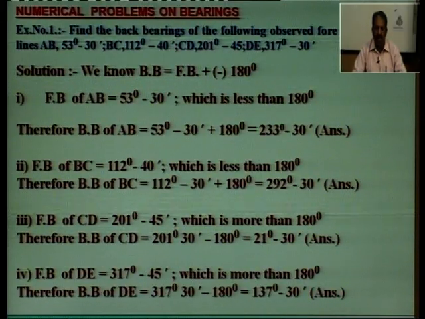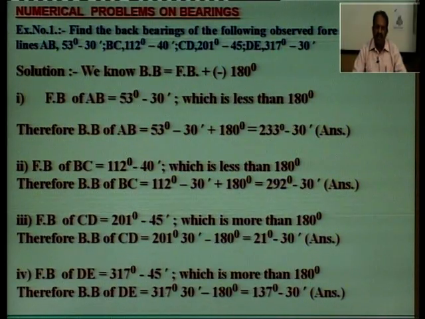We know the formula: back bearing is equal to fore bearing plus or minus 180 degrees. In the first case, the fore bearing is less than 180 degrees. So, back bearing will be 53 degrees 30 minutes, add 180 degrees, and the answer is 233 degrees 30 minutes.